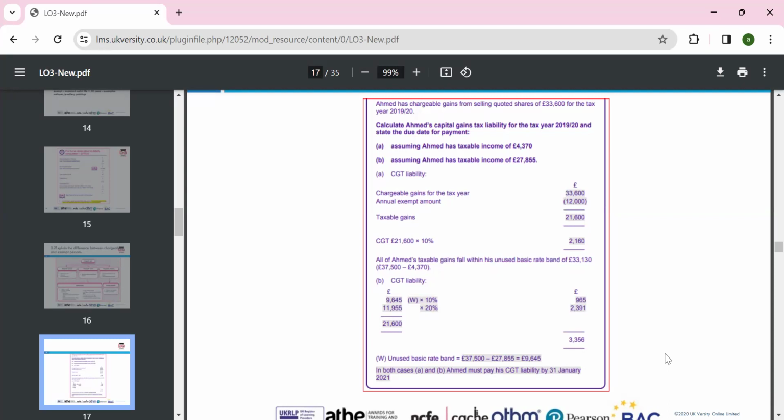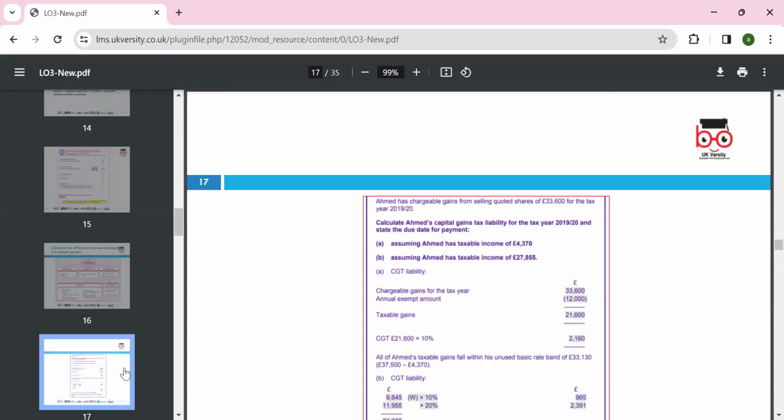The unused basic rate band is what is not being used: 37,500 is the limit, and 27,855 is used towards Emma's other taxable income, so the remaining is 9,645 at the basic rate of 10%. The remaining gain goes at the higher rate of 20%, and her capital gains tax liability is 3,350.6. Any question?